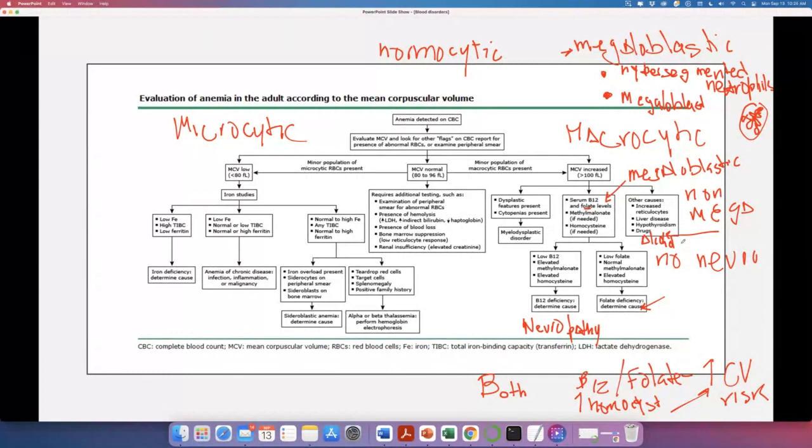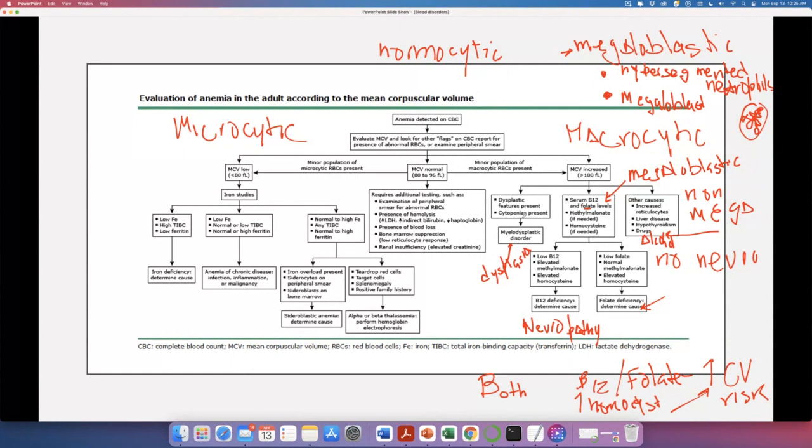And then we have to look at more things, because if we don't have a clear diagnosis, then probably we have to do a bone marrow aspirate, because maybe they have a myelodysplastic disorder, dysplasia in the bone marrow.